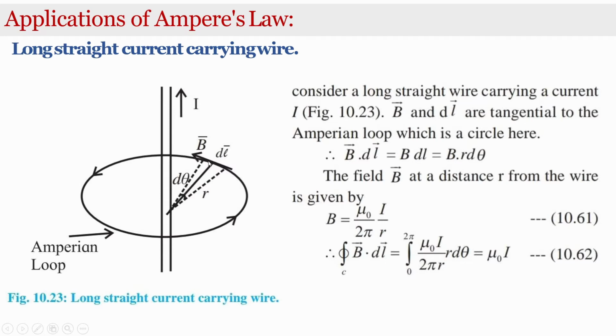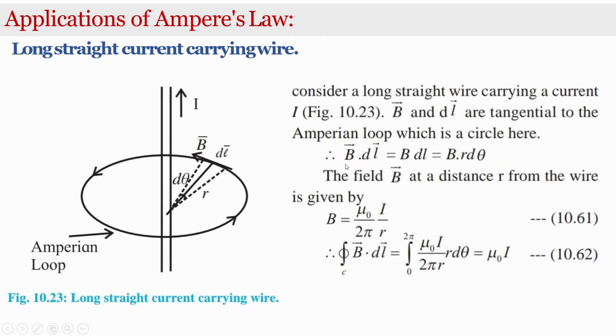So we consider that vector B and vector dl are tangential to the Ampere loop, which is a circle here. This is the direction of the magnetic field. We take a small element having length dl, and B and dl are tangential to the Ampere loop, which is in the form of a circle.